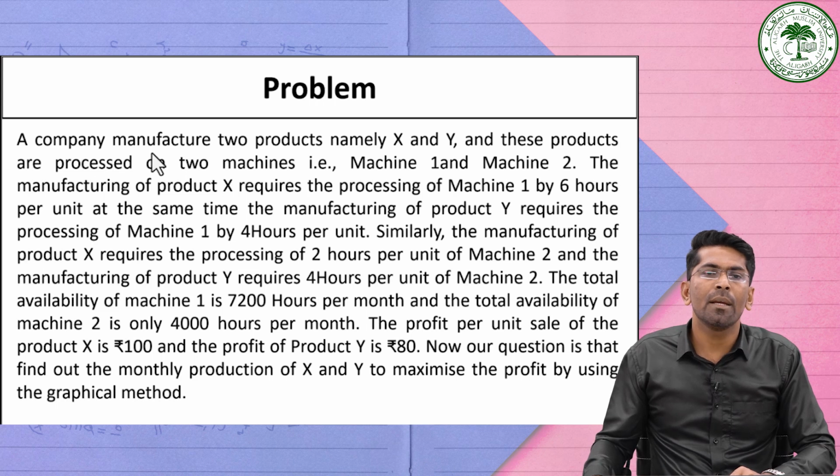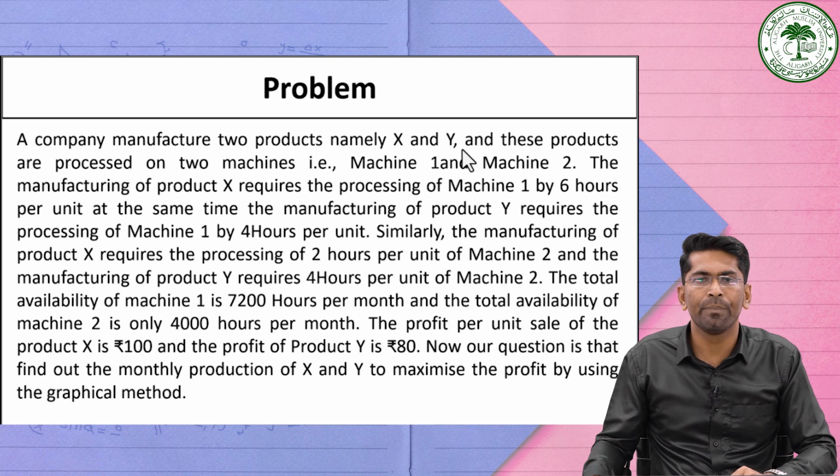A company manufactures two products, namely X and Y, and these products are processed on machines, that is machine 1 and machine 2. The manufacturing of product X requires processing on machine 1 for 6 hours per unit.